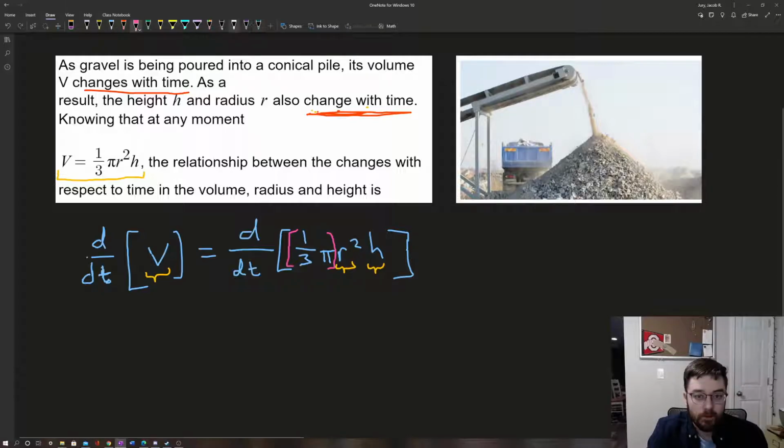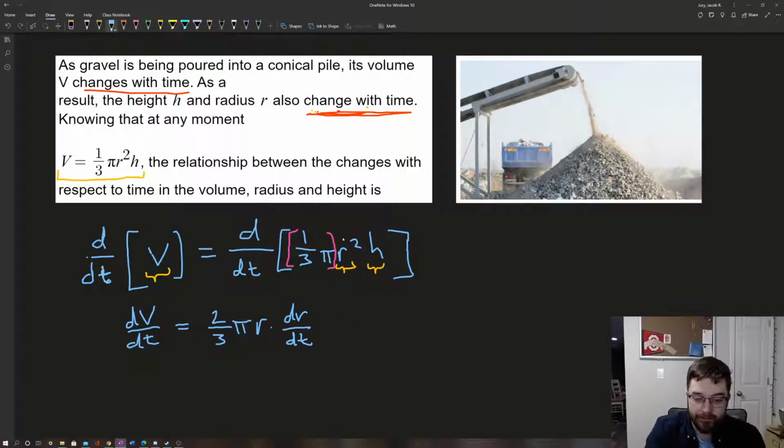And the left side does itself. We've got the change in V over the change in time. So we're representing that. And now we're performing the product rule. So I'm going to have 2/3 pi r times dr over dt.